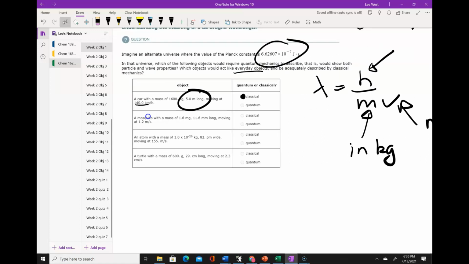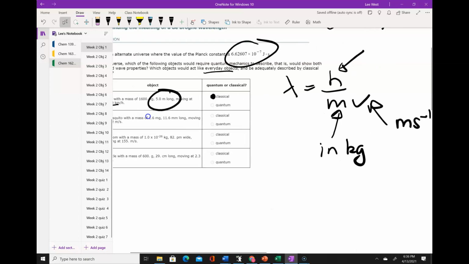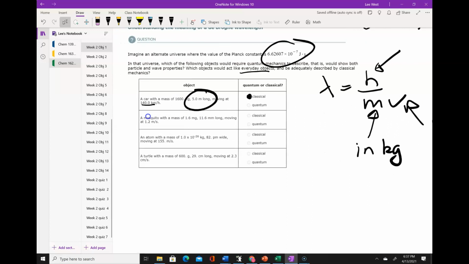So the milligrams are going to have to go to kilograms, and then this is 11.6 millimeters long. That's just for comparison to our wavelength, but at the end of this, we're going to have to turn our wavelength into millimeters in order to make the comparison. And then it says moving at 1.2 meters per second, and we want our velocity in meters per second, so it all looks good. So the only thing I've got to do here is turn my milligrams into kilograms.